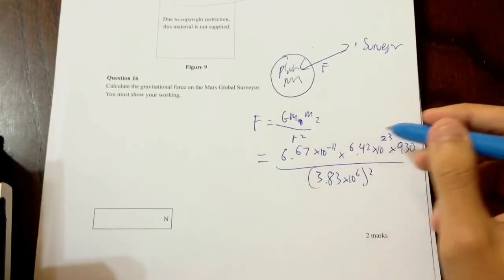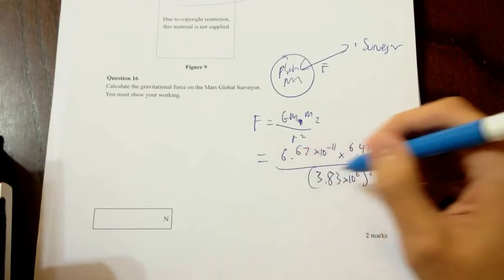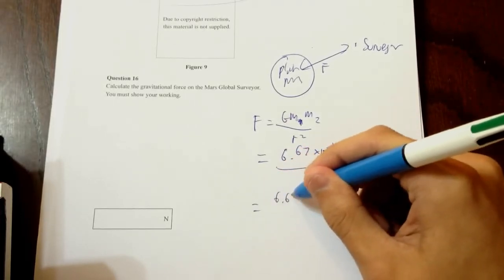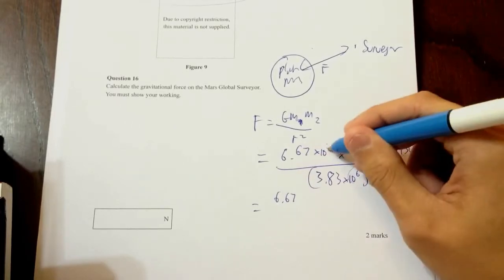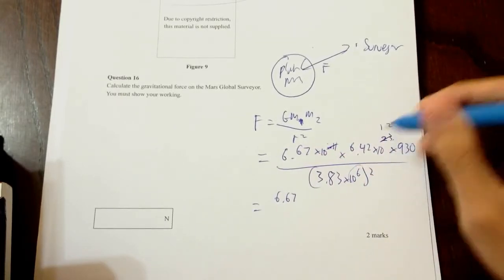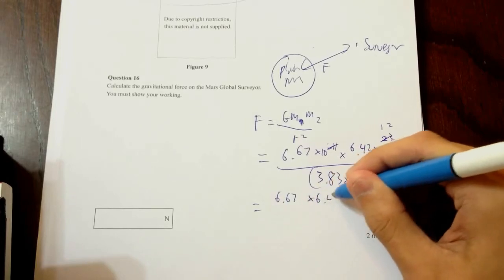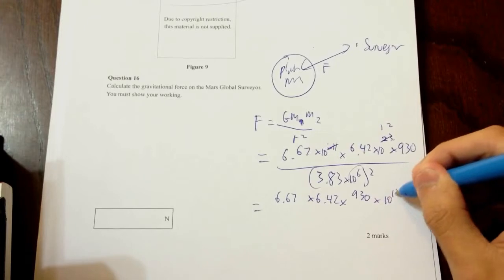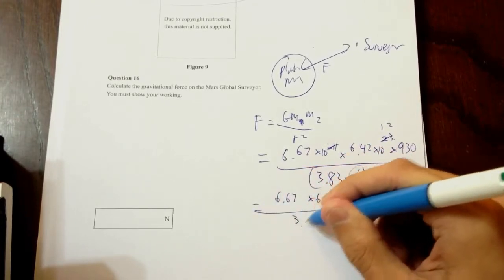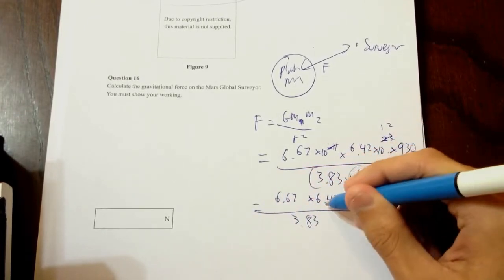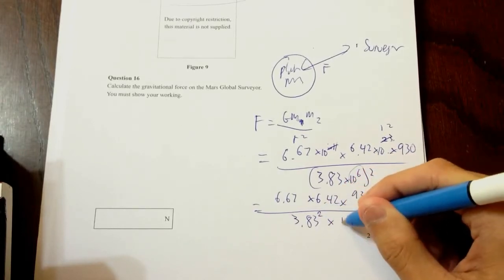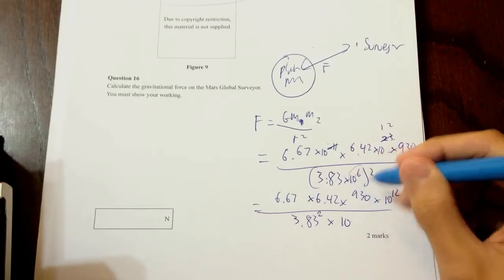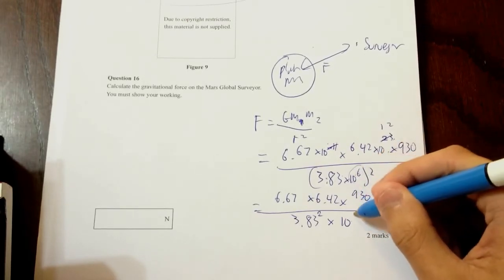Now this looks pretty daunting, but we can simplify it a little bit. That becomes 6.67, and we can cancel this with that. Minus 11 becomes 12, times 6.42 times 930 times 10 to the 12, over 3.83 squared, because 10 to the 6, all to the power of 2, becomes 12.